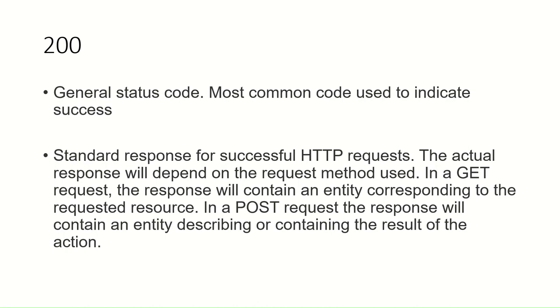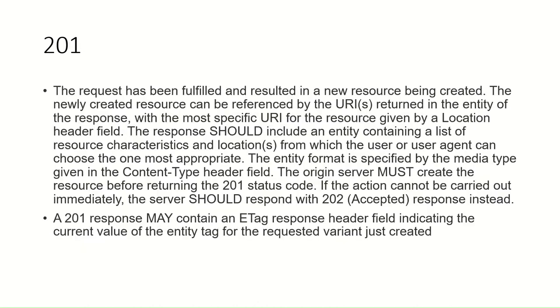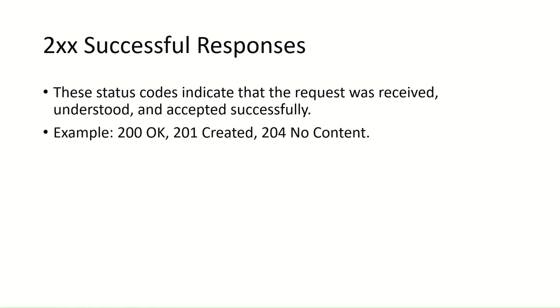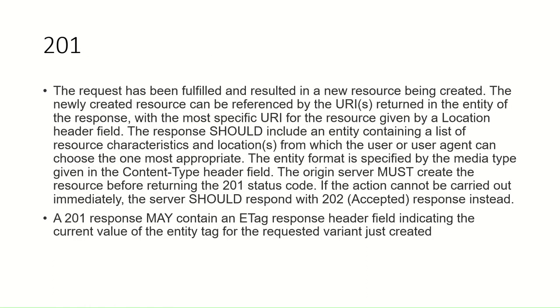Now let me go to the next slide and discuss the 201. This 201 is also known as created, right? Basically it is used for the PUT and POST APIs, where you make changes. In the PUT API or the POST API, you try to create something new in the DB, so there this 201 HTTP status code is used. The request has been fulfilled and resulted in a new resource being created.